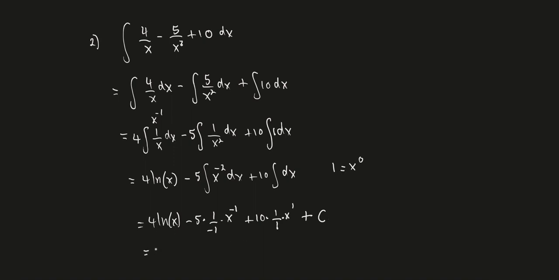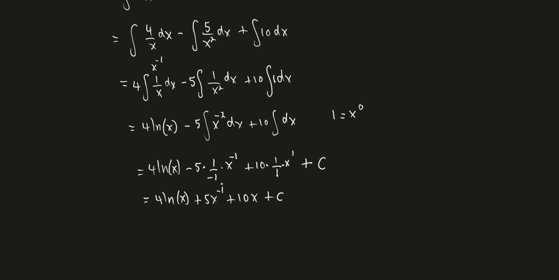So we'll end up getting 4 times the natural log of x. Now I have -5 divided by -1, so that's a positive 5x to the -1. And then all of this simplifies to 10x and then plus c. So finally, if you want to write this without negative exponents, our final antiderivative is 4 times the natural log of x plus 5 over x plus 10x plus c.